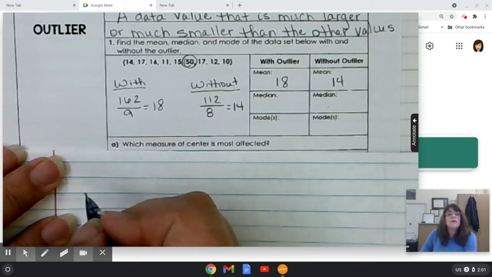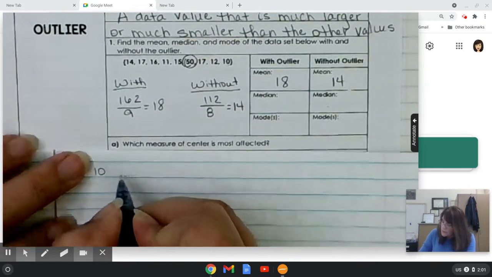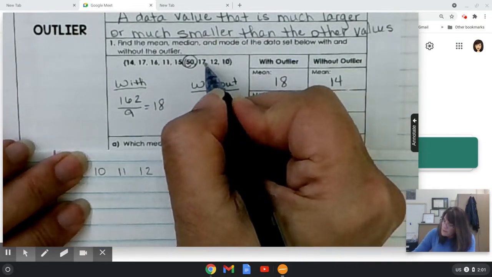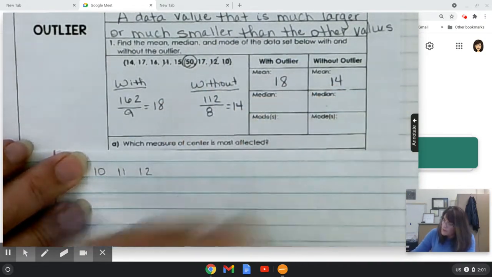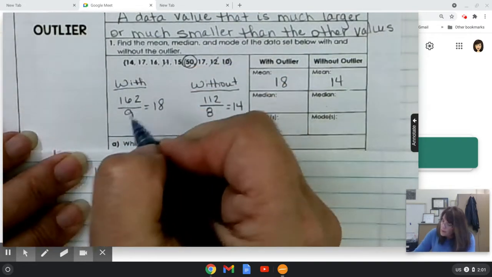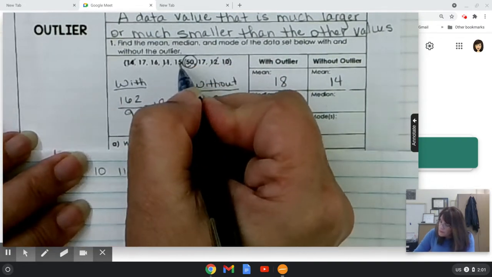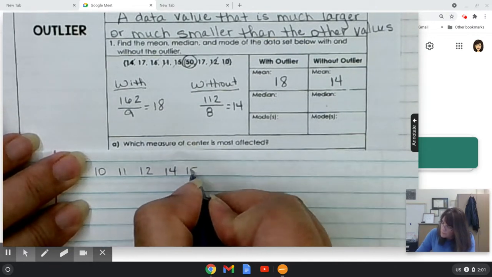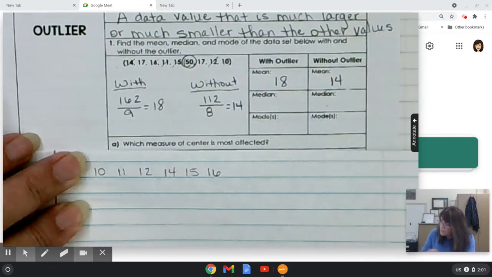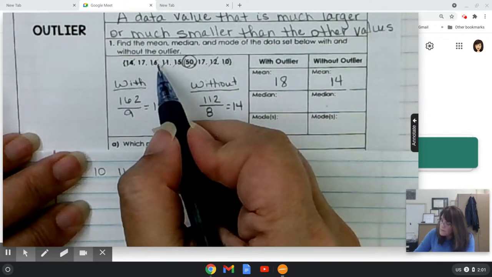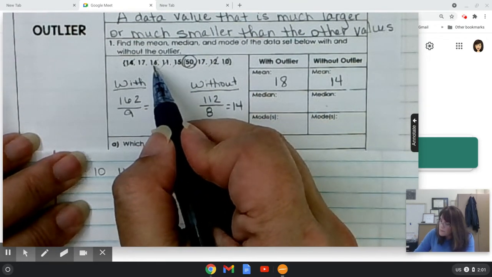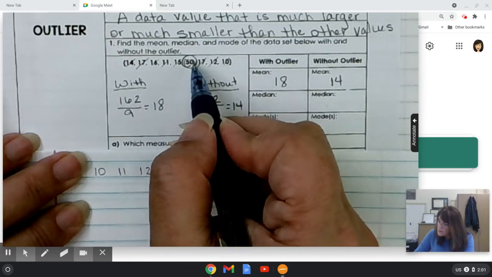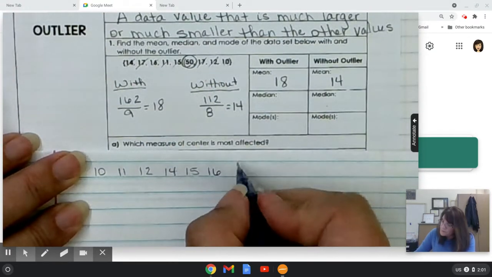So 10, 11, 12, 14, 15, 16, 2 17s, and the 50.